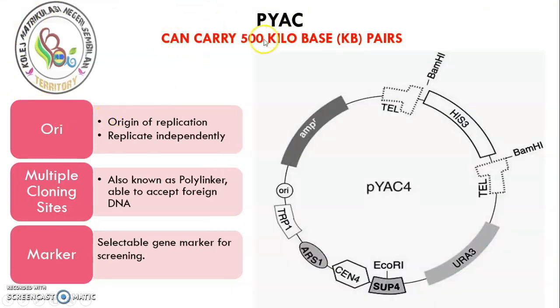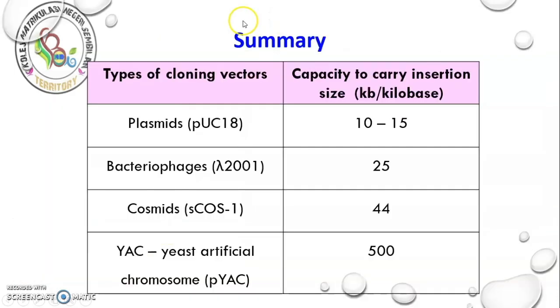Next one is pYAC. It can carry an even larger DNA molecule, which is 500 kilobase. So it has the same qualities, which are the origin of replication, which allows it to replicate independently, and then the multiple cloning site, also known as the polylinker, where it will accept the foreign DNA, and then the genetic marker, which is useful in screening. To sum up, there are 4 types of cloning vector.